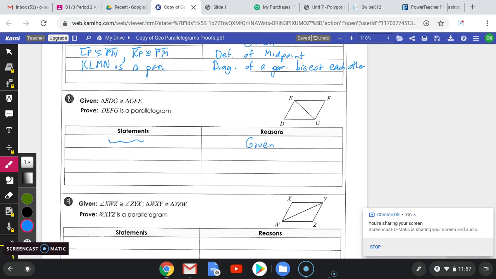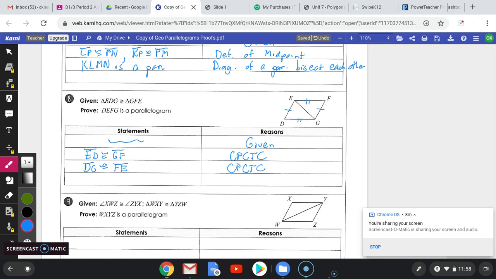I think the easiest thing to say would be, oh, well, ED is congruent to GF because of CPCTC. And then I could say, oh, well, DG is congruent to FE because of CPCTC also.